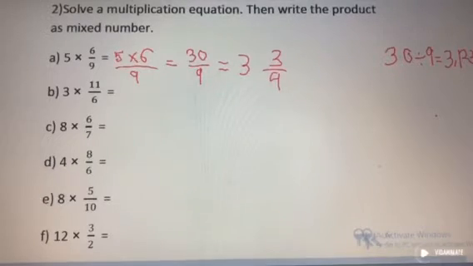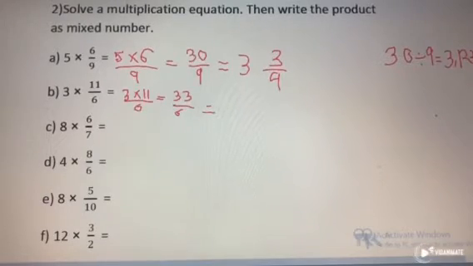Now 3 multiply 11 over 6. 3 by 11 will be 33 over 6. Now which number do I divide 33 by 6?